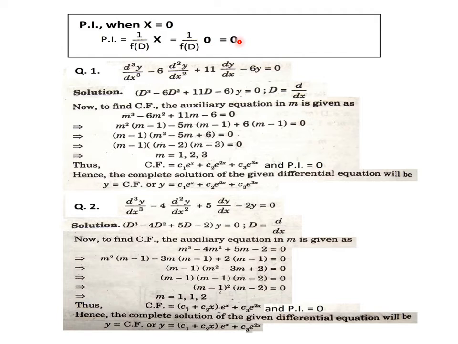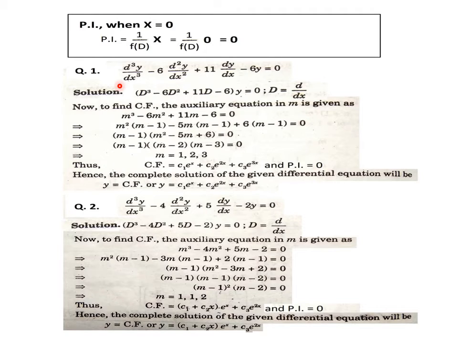And in today's lecture we will discuss several important problems based on this case, when the right hand side capital X is 0, like you can see in these two questions of this slide. In question number 1, the right hand side capital X is 0 here, and it is 0 in question number 2 as well.